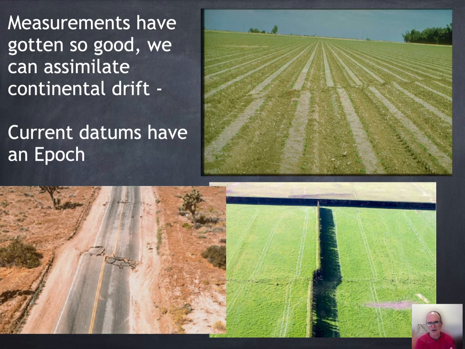We have to measure the epoch, or the time at which we collect any data, and enter that in with the data so that we can adjust to data collected over different time periods at these high accuracies to match. So we have a whole bunch of datums that we've calculated as the equipment got better between 1980 and now. We try not to let that confuse us while we're putting our data together.